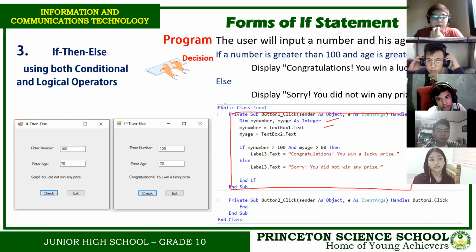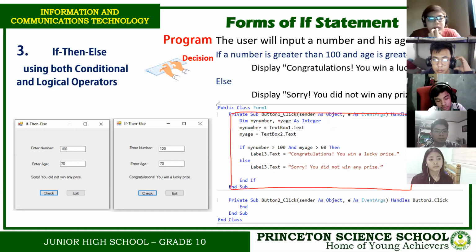Teacher, first of all, we are going to declare two variables, my number and my age, as integer. Next, we are going to set the two variables to their values: my number is equal to TextBox1.Text and my age is equal to TextBox2.Text.